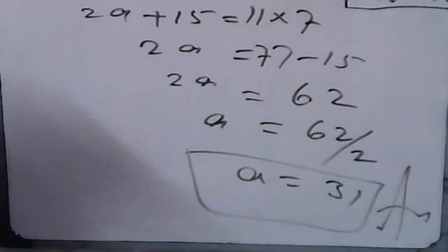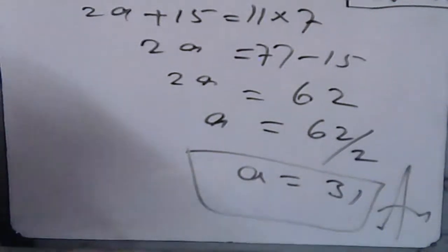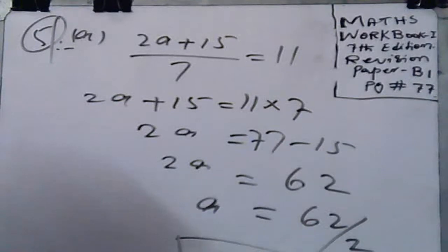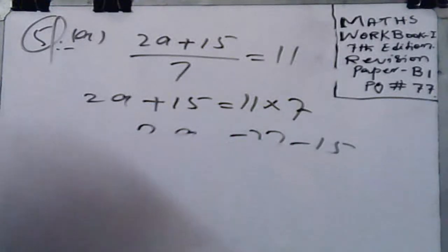Similarly in part B, find the two consecutive even numbers such that the sum of the larger number and 4 times the smaller number is 72. Okay, once again use the given conditions.